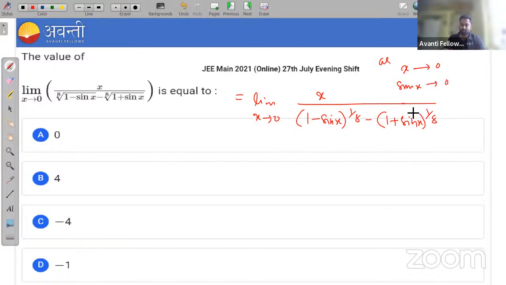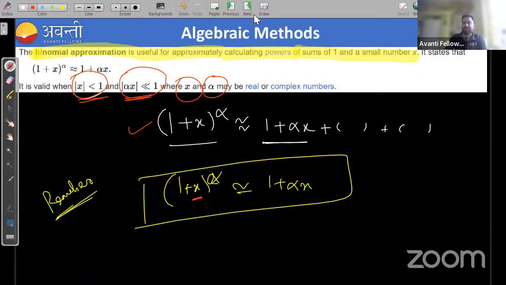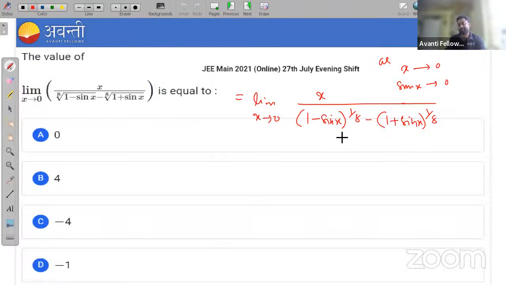So by using the binomial approximation, in place of x here we have sin x.